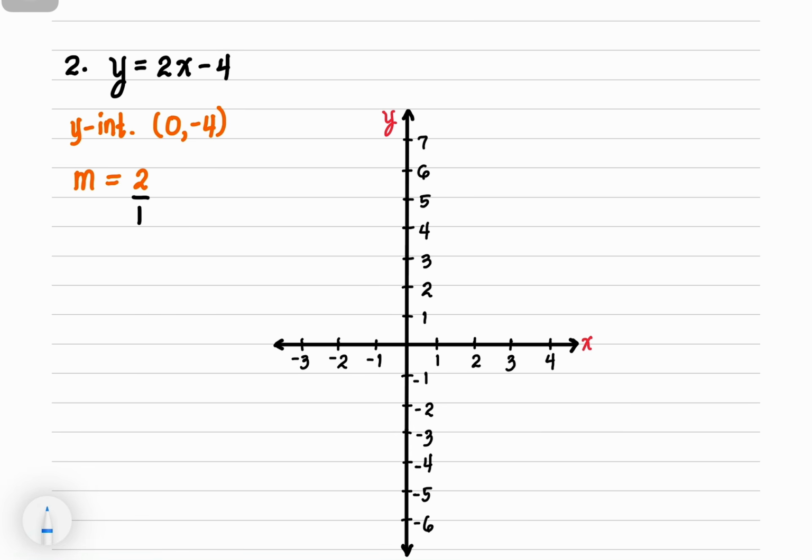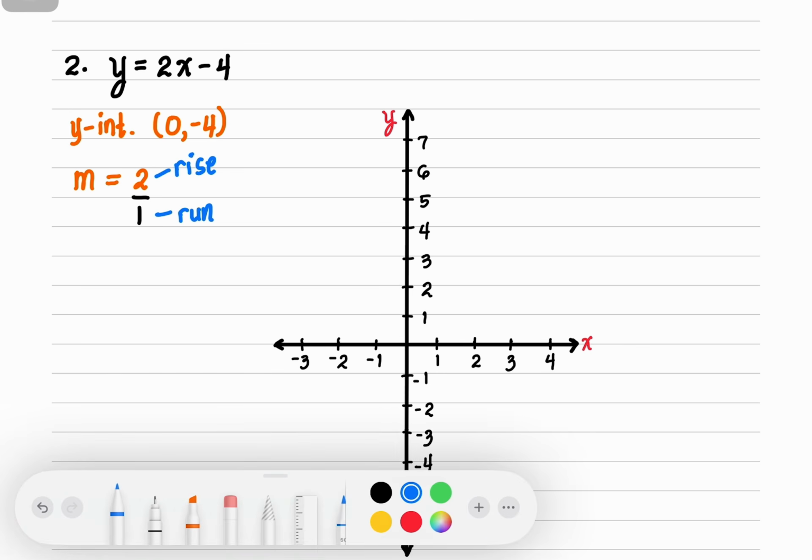Tandaan nyo, any whole number. So, rise tayo ng 2 beses, and then run tayo ng 1 unit. So, in this case, run 1 unit going to the right kasi positive yung slope natin. Nakuha? Okay. So, i-plot na natin yan.